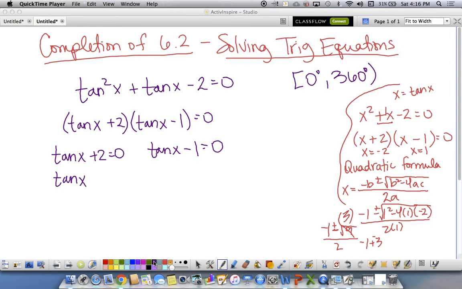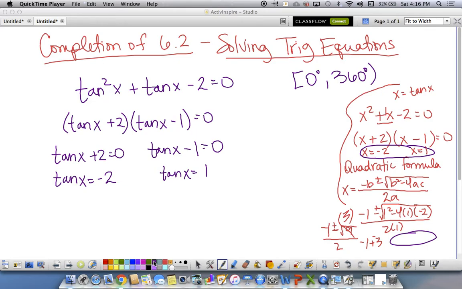Tan x, I'm going to subtract 2 from both sides. Tangent equals negative 2, or tan x equals 1. So that was my x equals, right here, or you get them with the answer to your quadratics.